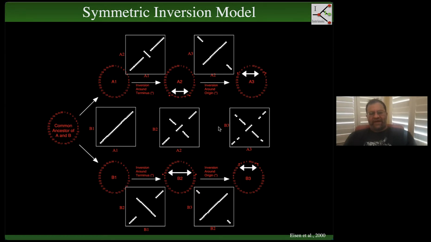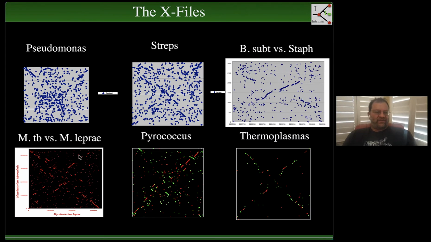And if you have many of these that occur over some evolutionary time, you start to get this interesting pattern where a dot plot alignment of two genomes will look like an X rather than a straight line. And that's what's shown in some of these figures here. You start to see this X-like pattern. We call this the X files for that particular reason.